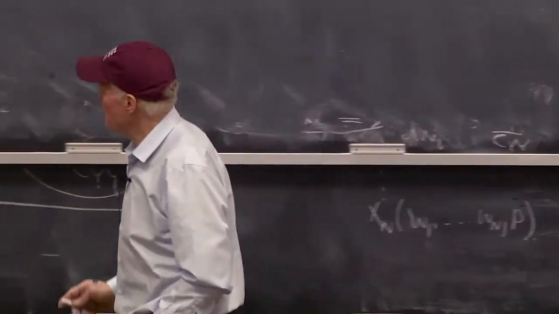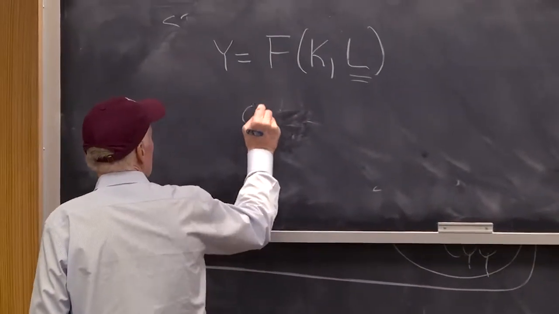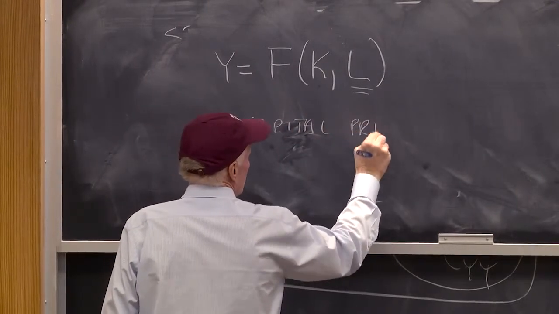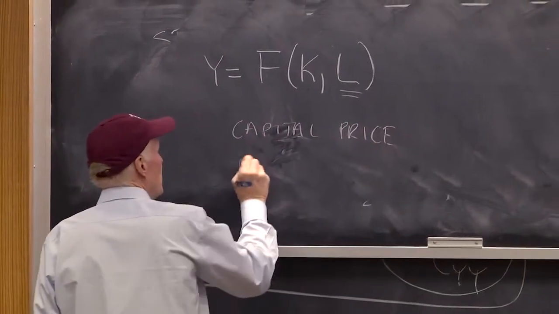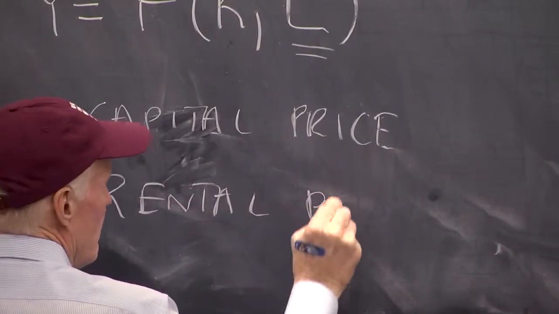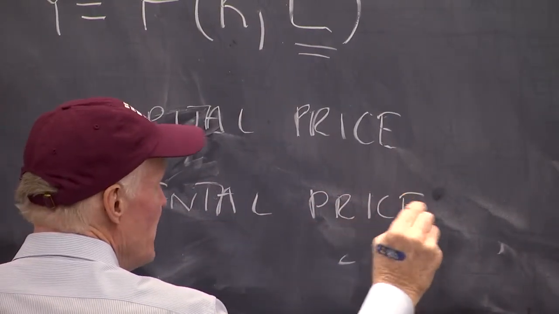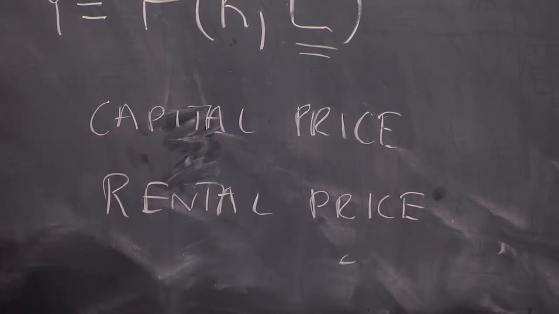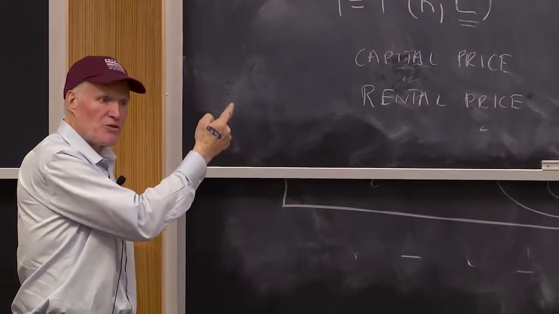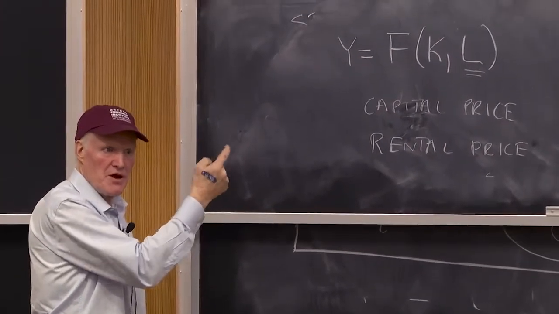There's the capital price, and there's what we'd call a rental price. And the way we've set this up, what we want to think of as the cost of capital is the rental price, right? That is, we're going to measure our capital.